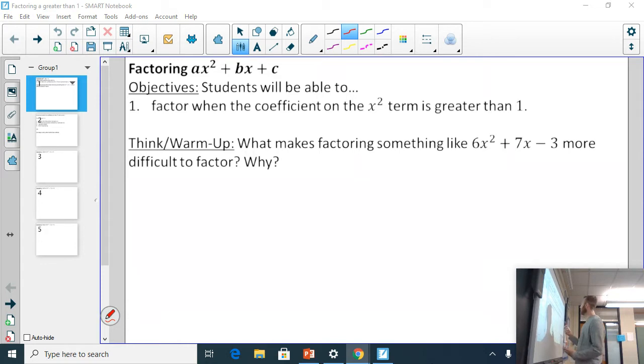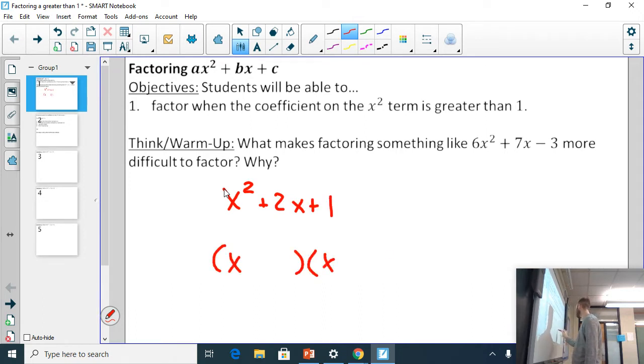Well, before, if we had something like x squared plus 2x plus 1, we knew that we could just do x and x, because x times x gets us this x squared. But now we have 6x squared, so we could have something like 3x and 2x.